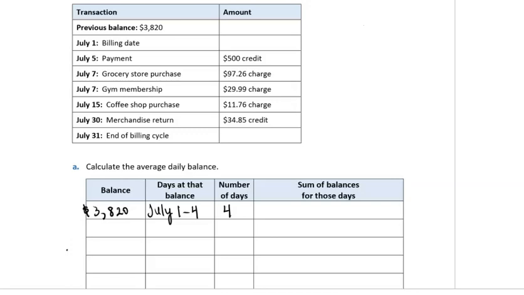So essentially, we will have to add $3,820 4 times. Once for July 1st, once for July 2nd, once for July 3rd, and once for July 4th. Instead of adding it 4 times, it is convenient to just multiply by 4. So we are going to take the balance and multiply by the number of days at that balance. If I take 3,820 times 4, I will get 15,280.